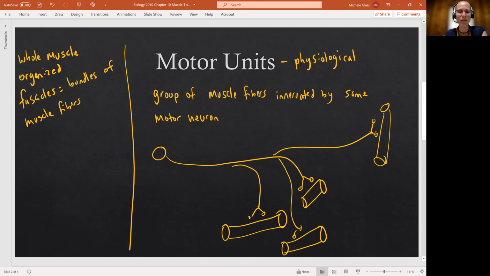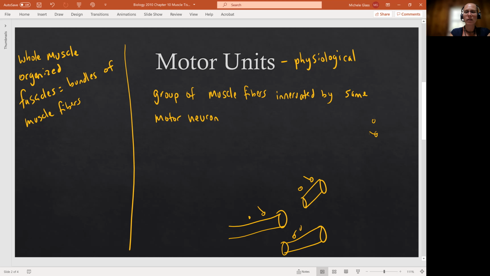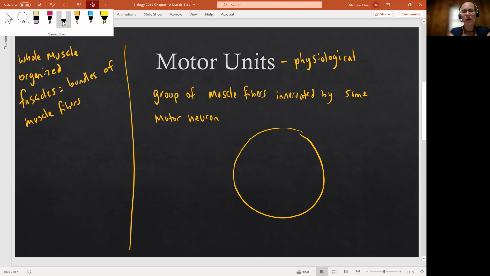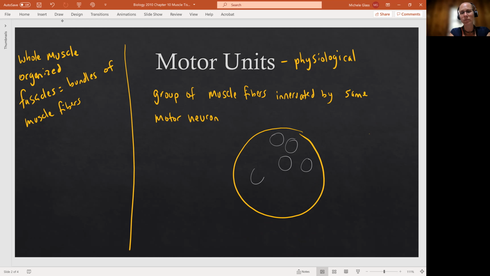Why are they all innervated by the same neuron? And so very often you see a diagram that looks more like, instead of the longitudinal view of the muscle fiber, which is what I first drew, you might have a whole fascicle. So I'm going to draw a big circle to represent my fascicle. And inside my fascicle, I'm going to show some white muscle fibers.